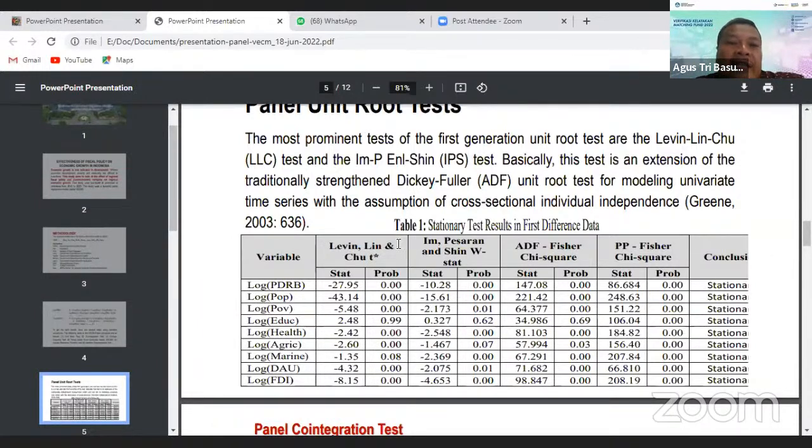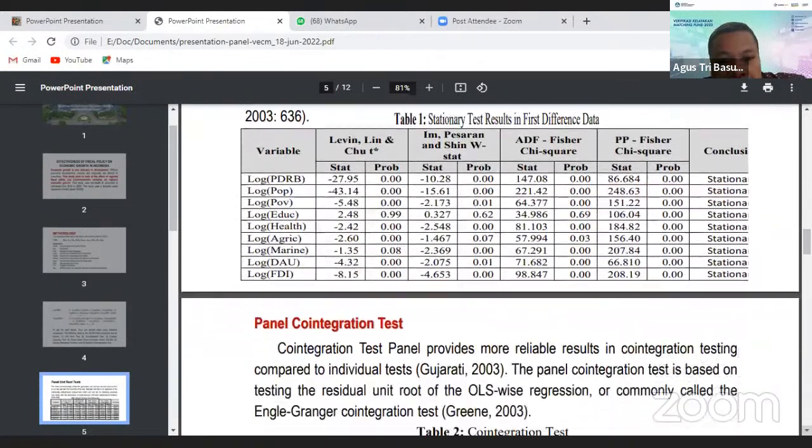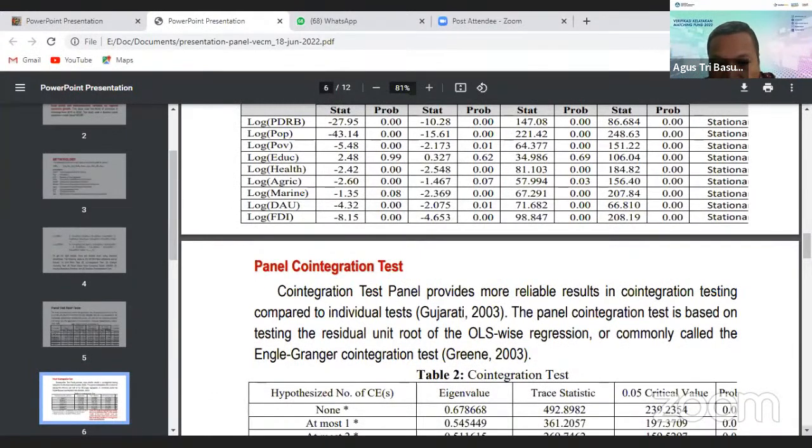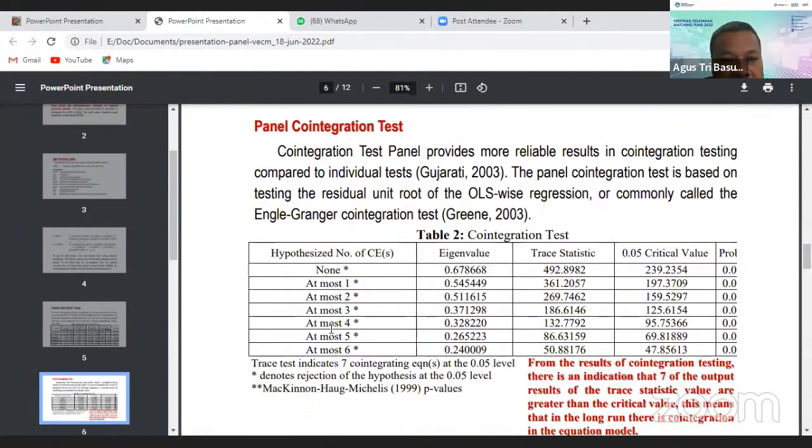After the unit root test, next we test the panel cointegration test. You can see there are 7 cointegration equations at the 0.05 level. Please see the trace statistic and the critical value at 0.05.